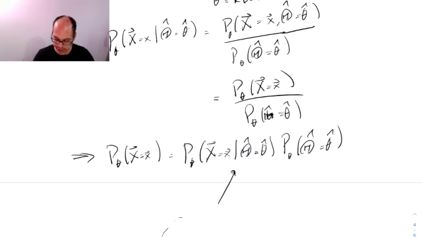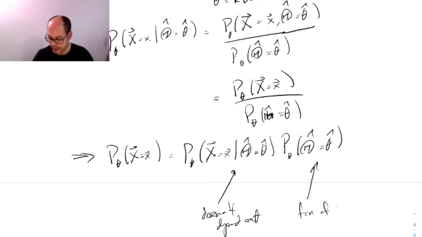So this thing doesn't depend on theta, and this thing is just a function of our observed value for our estimator, and of course it depends on theta.